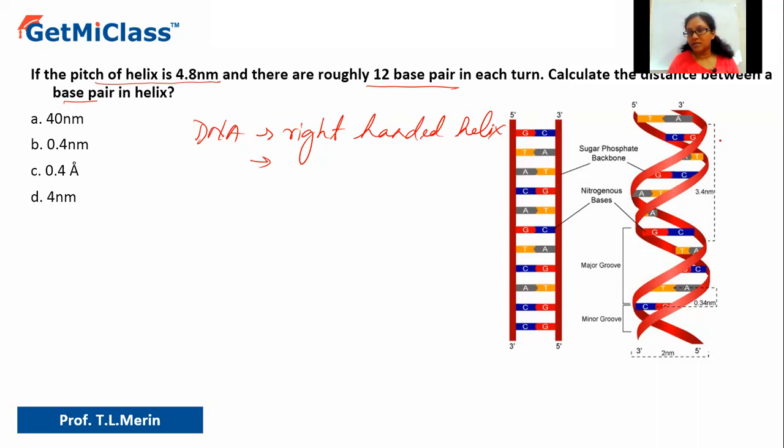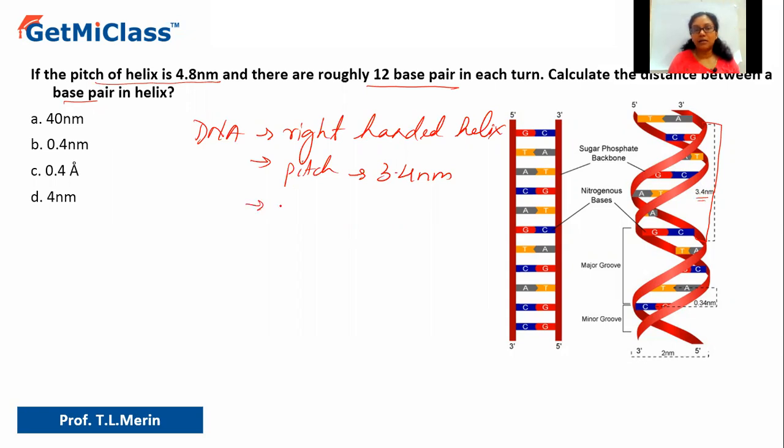And this is called the pitch. The pitch size in normal DNA is about 3.4 nanometer. That is the distance of one turn, from the starting of the turn to the ending of the turn. That is what we call a pitch. So that is 3.4 nanometer.